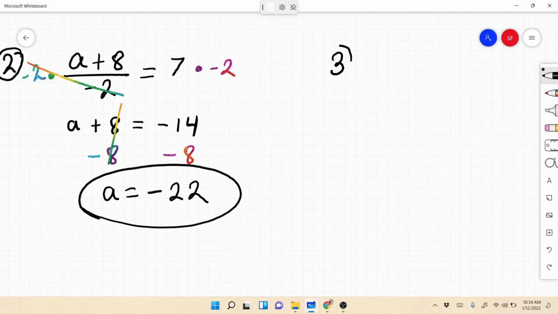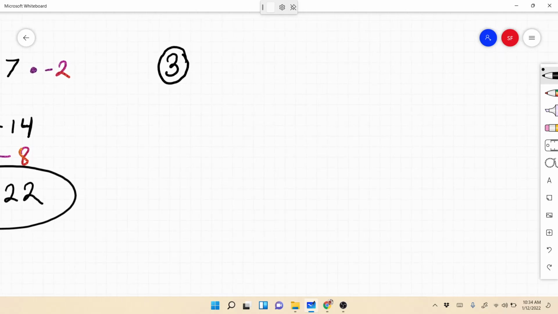Number 3. All right, let's do something a little bit crazy. Let's do 3/4 y minus 2. Actually, you know what? Let's do this one as a one step first. Let's practice with the fractions without extra bits for now, because we haven't really practiced that yet. So let's trim it down.